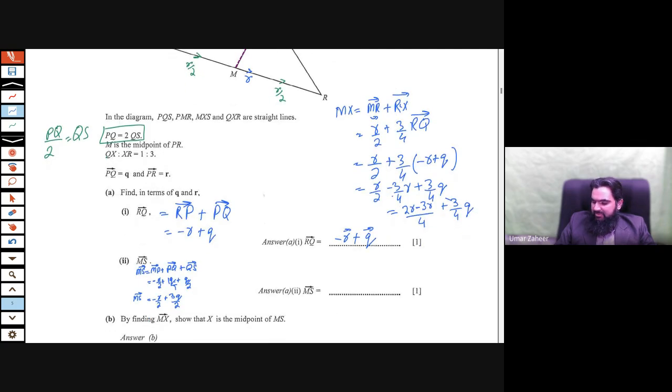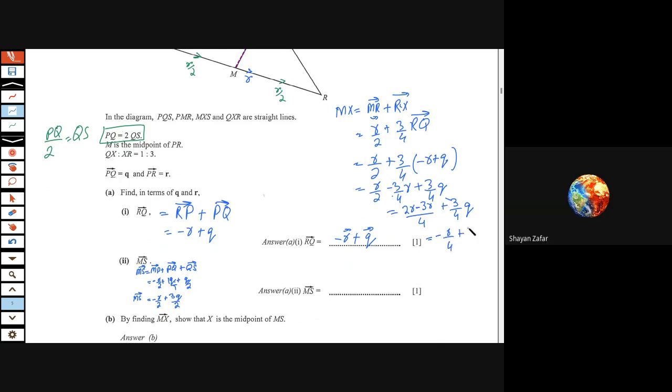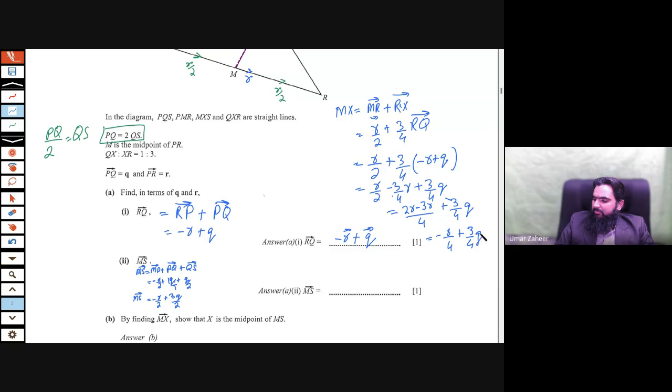The final answer will be minus R over 4 plus 3 over 4Q.